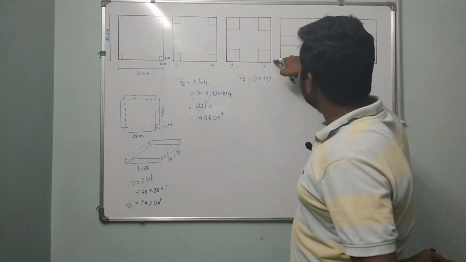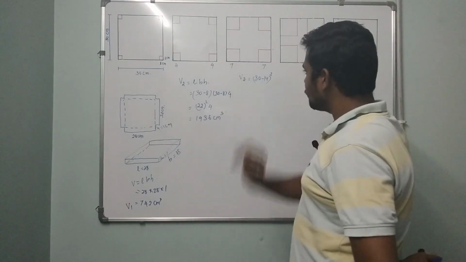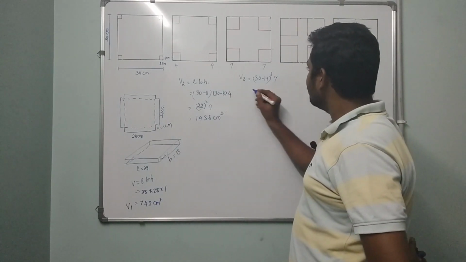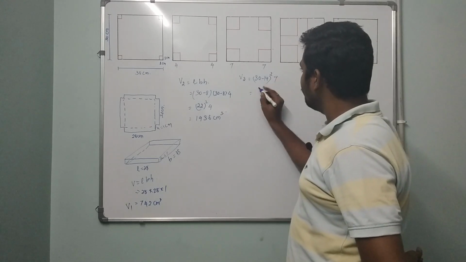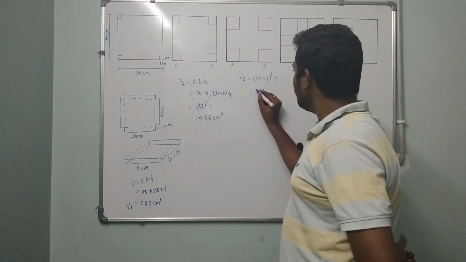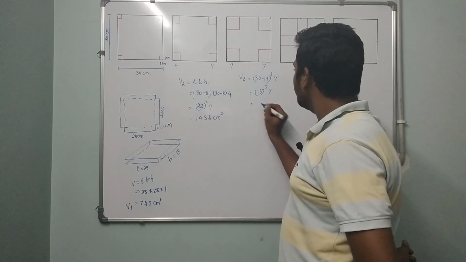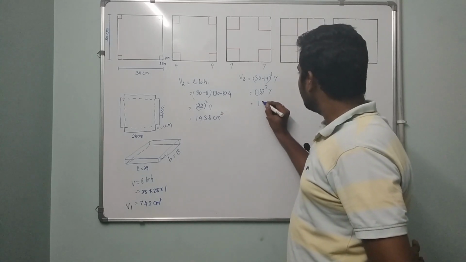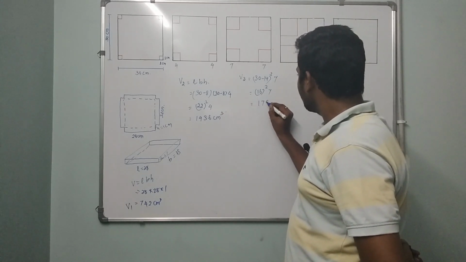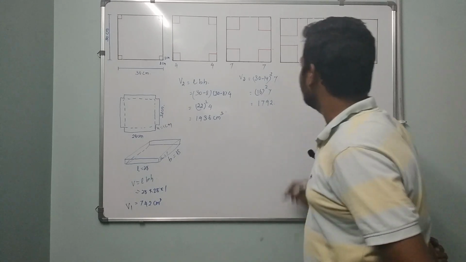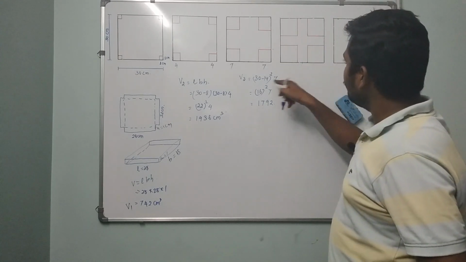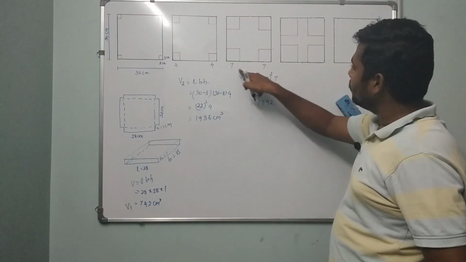This is length, and breadth is also going to be same. So I am putting square here, and height is nothing but 7. So 30 minus 14 is nothing but 16 whole square into 7, which is going to be 1792. Okay, fine.